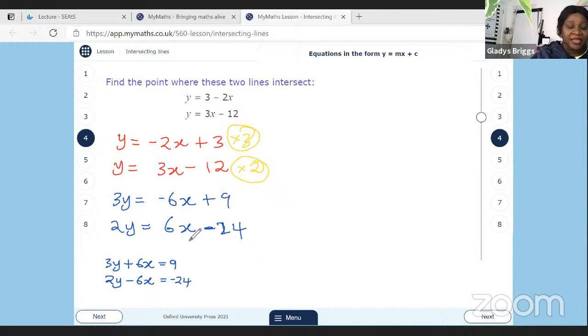Okay, so then what should we do now? Subtract or add? Add. This is equation 1 and this is equation 2. Equation 1 add equation 2 will give you 5x is equal to 9 minus 24, which is what?